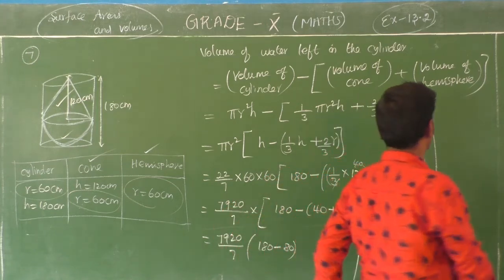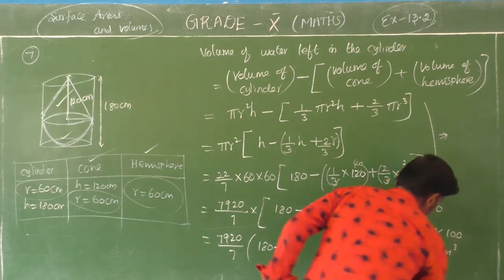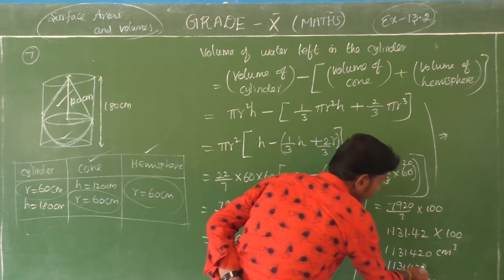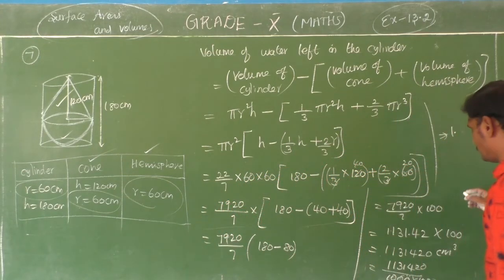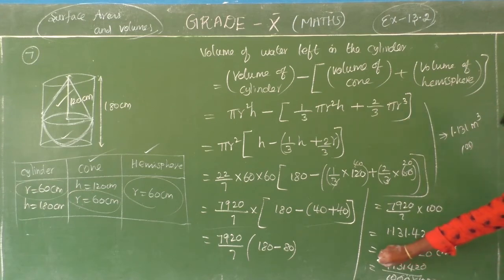Finally you are going to get, moving 6 decimals up: 1 2 3 4 5 6. So 1.131 meter cube. What is your final answer?